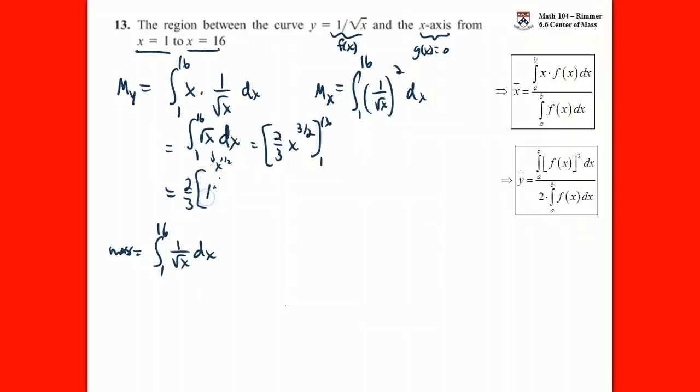And take 16 to 3/2 and subtract 1 to the 3/2. What is 16 to the 3/2? You change 16 to be 4 squared. And then the square and a half cancel. It's the same thing as 4 cubed.